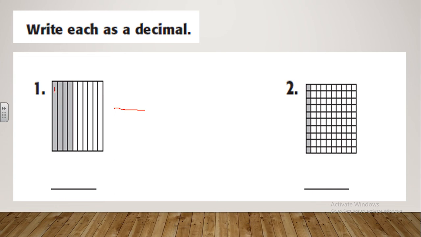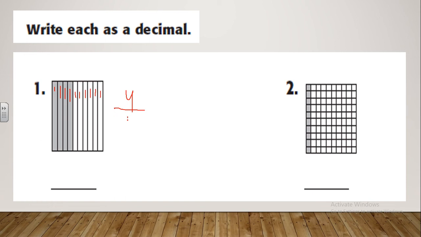Here we have 1, 2, 3, 4. Super. So we will write in the numerator the number 4, and in the denominator we will write the total, right? Let's continue counting. We stopped on number 4. Let's count after 4. We have 5, 6, 7, 8, 9, 10.